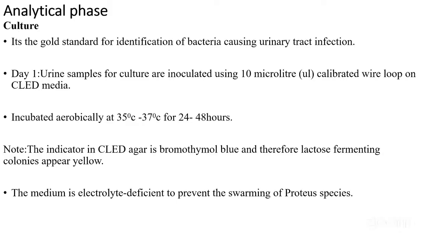For day one, urine samples for culture are inoculated using a calibrated 10 microliter wire loop on CLED media. This media, the CLED media, is electrolyte deficient to prevent swarming of Proteus. That is why it's specifically used for urine, because it will inhibit the swarming. It also has bromothymol blue, which acts as an indicator if we have a lactose-fermenting organism.